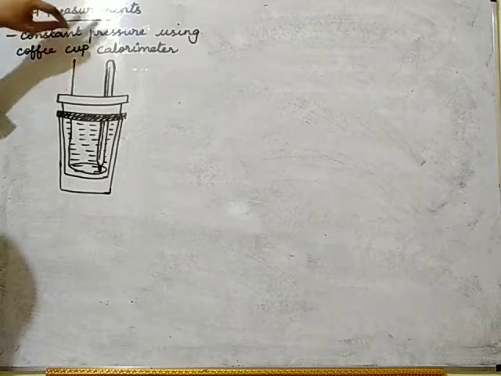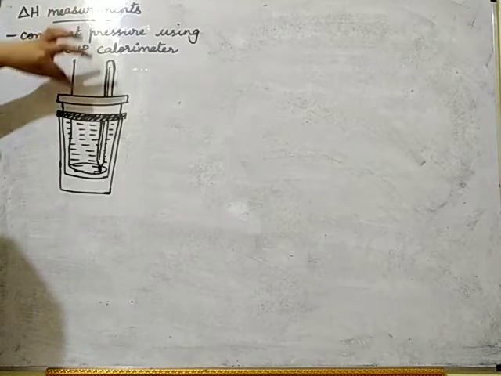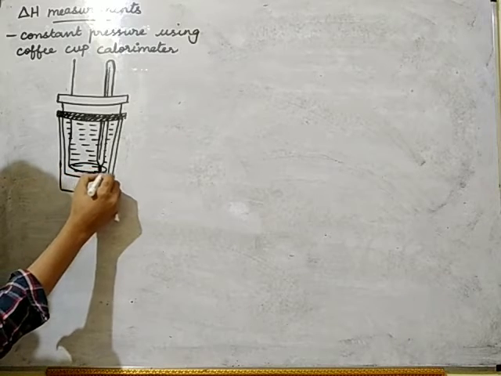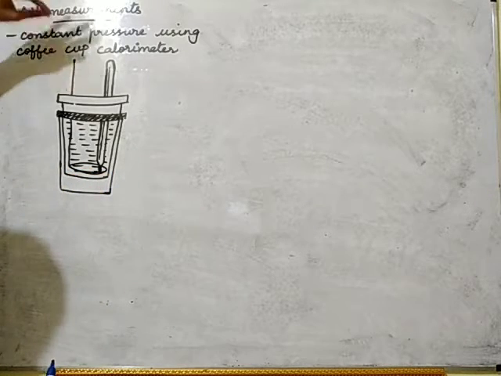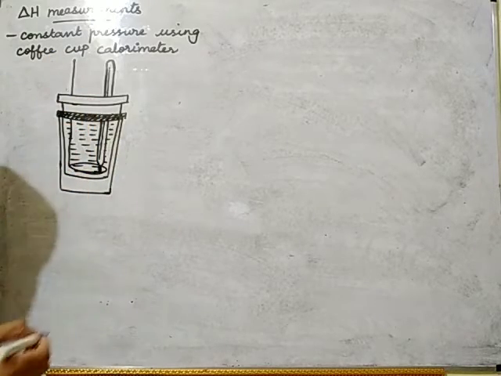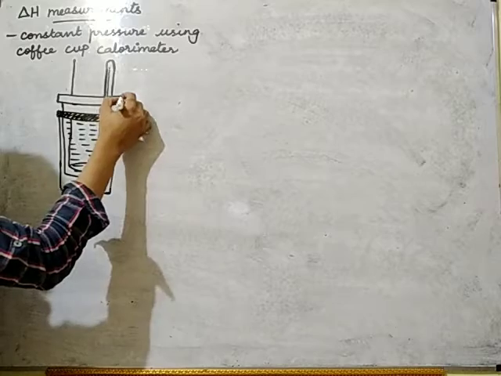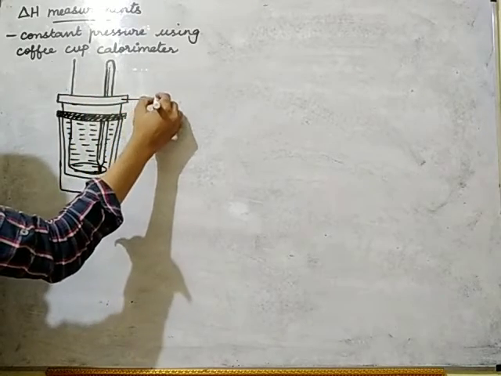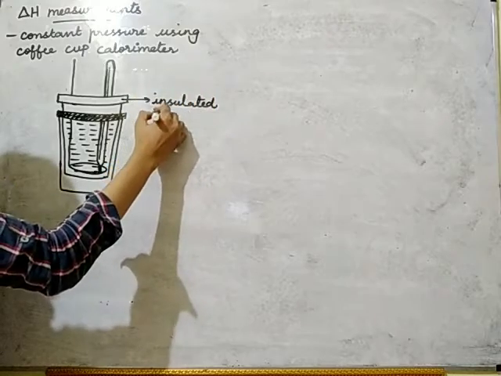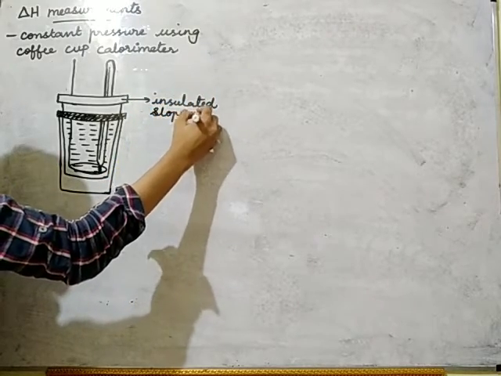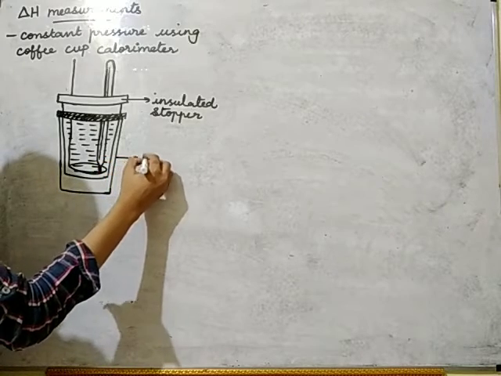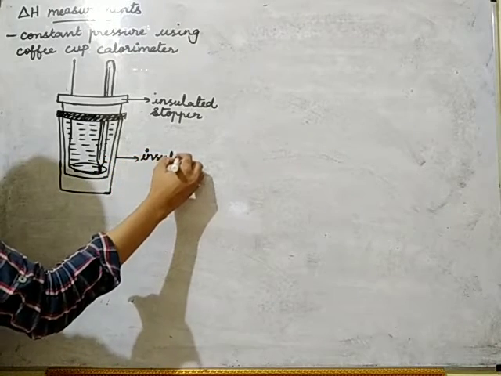We have to move the stirrer up and down. This stirrer will be in the form of a circular loop. It will mix the liquid. This is the insulated stopper. These are insulated cups.